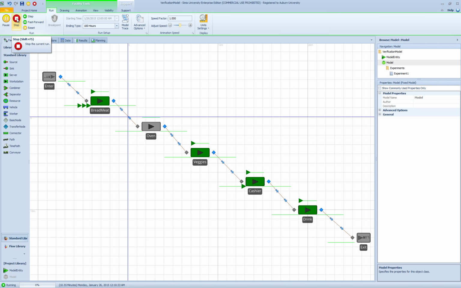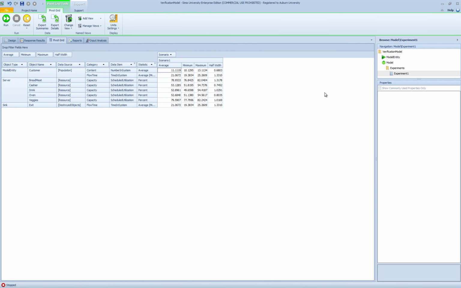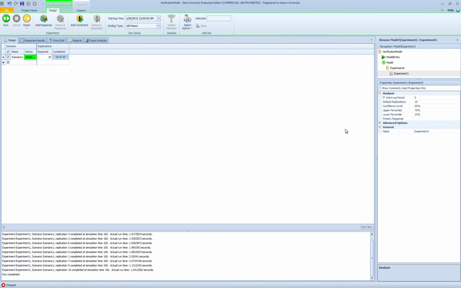So for these entities, we expect their time in system to be much lower than what we typically see at steady state. So in order to solve this issue, without getting into the theoretical and technical details, what we need is something we call a warm-up period.